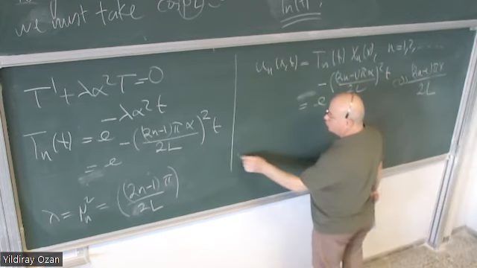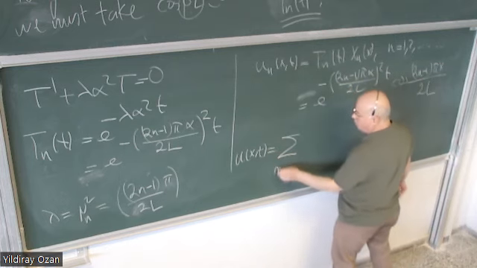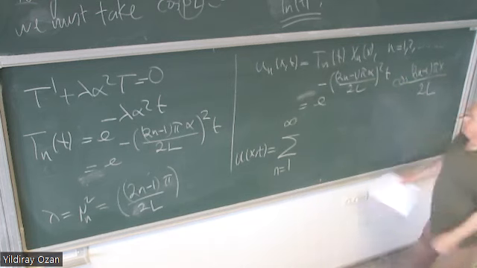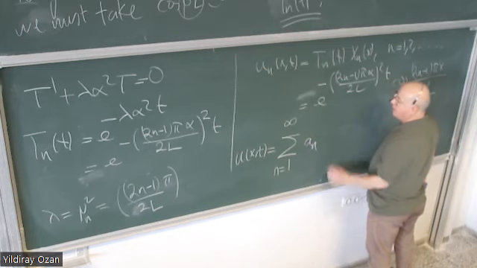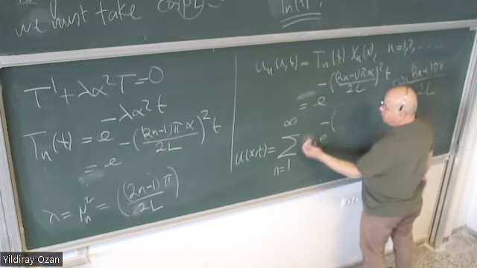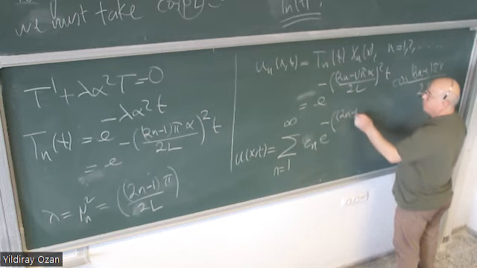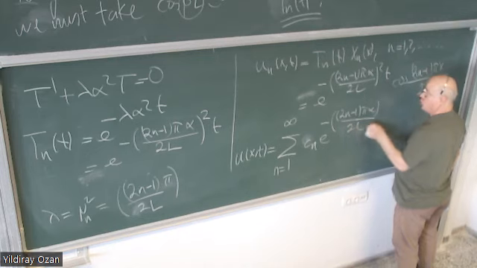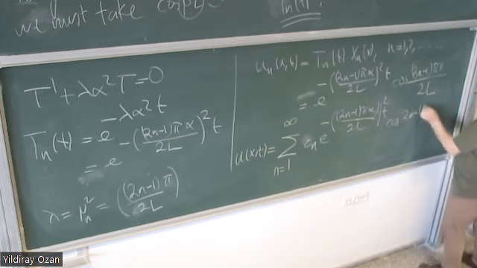Therefore, the general solution has this form: sum from n equals 1 to infinity of some coefficient, let's say c n, e to the power minus 2n minus 1 pi alpha over 2L squared t, cosine 2n minus 1 pi x over 2L.